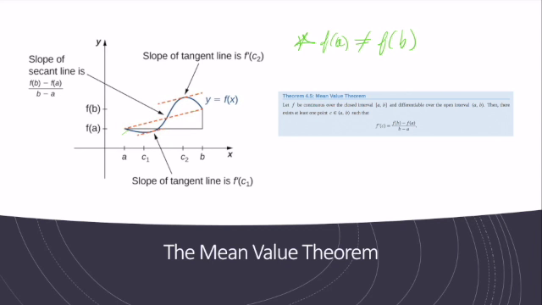So what it's saying is, if I have 2 points, then there's got to be some point on this interval where the tangent line is parallel, so they have the same slope, to the line connecting these 2 points. So this point here is b, f of b, and this point here is a, f of a.